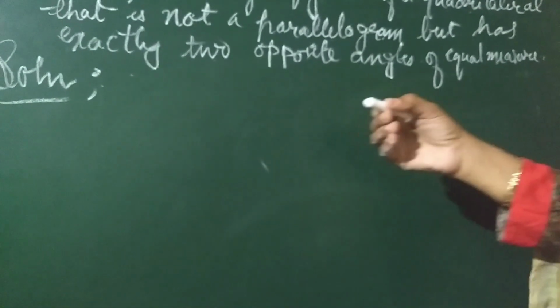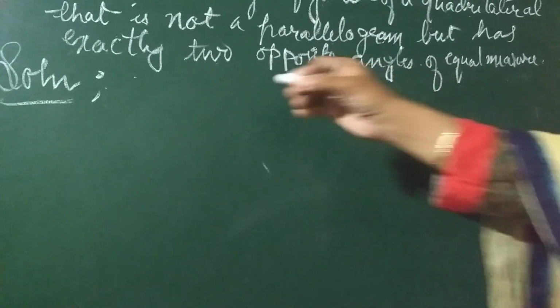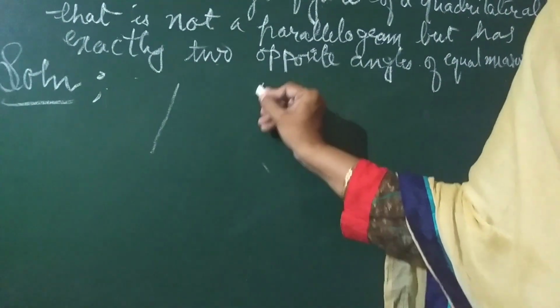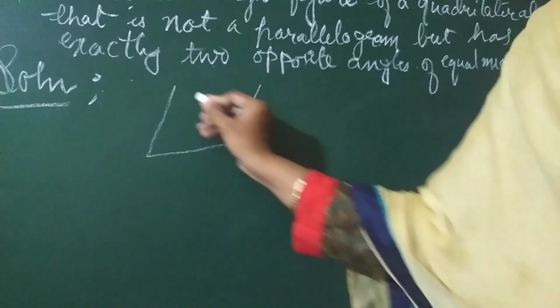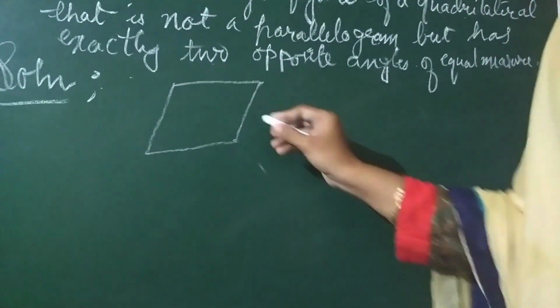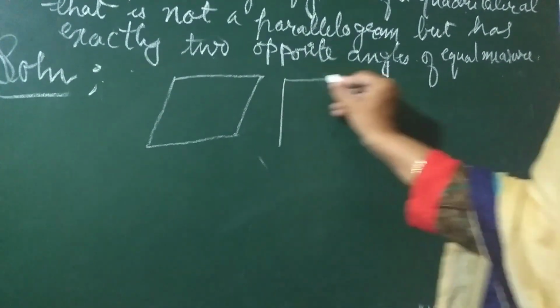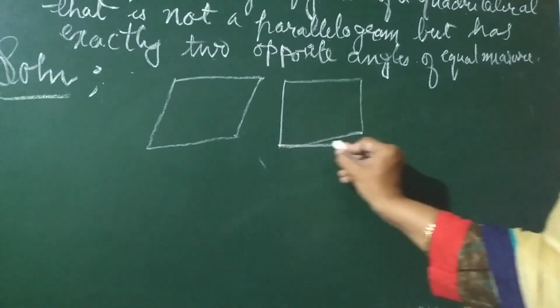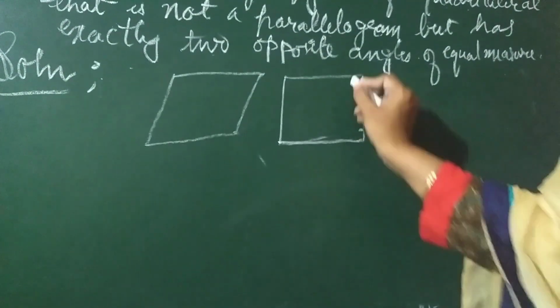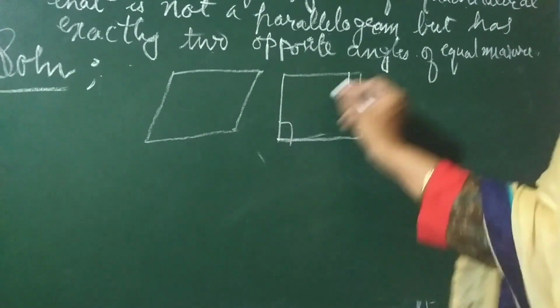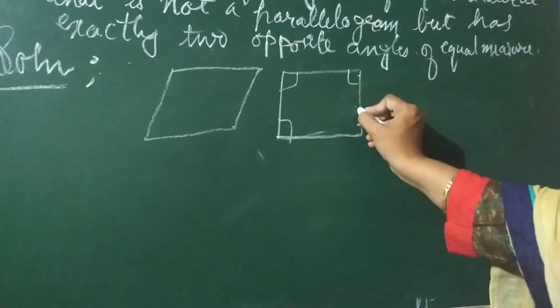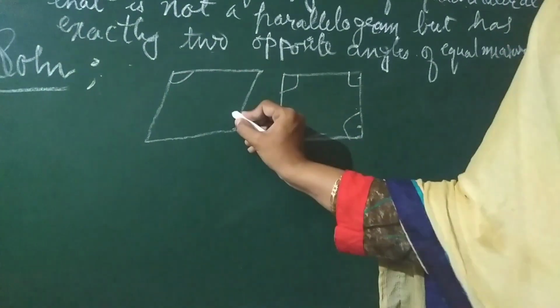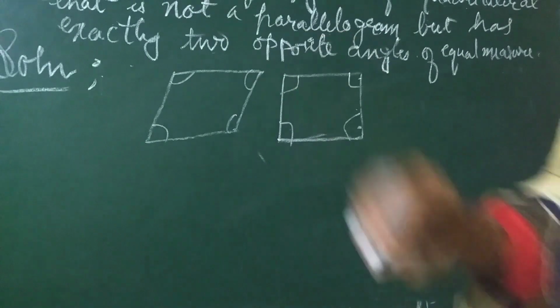As we know, the quadrilaterals which have all opposite angles equal are the parallelogram itself, then the rectangle. Opposite angles are equal, in the same way for the parallelogram.